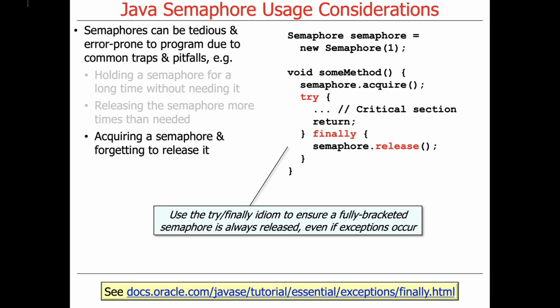So this would be an example of how we could use the Java try finally idiom to ensure that a fully bracketed semaphore is always released, even if exceptions occur. And if you think about it, that's actually very similar to what you did in the acquire palantir and gaze hook method from assignment 1A, where we used the try finally block to make sure that we always released the resource, the palantir, even if an exception occurred.